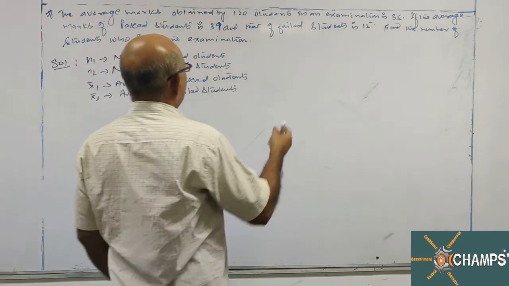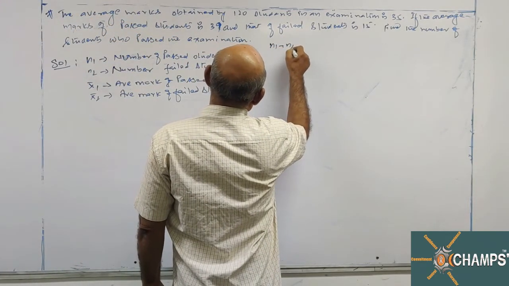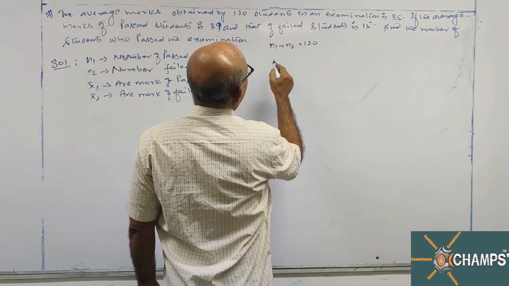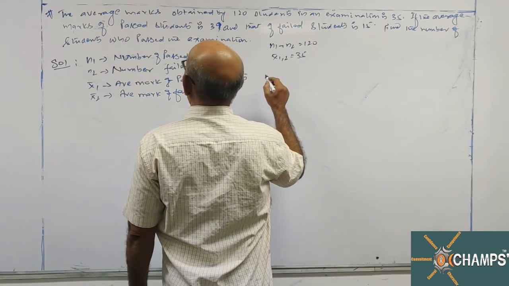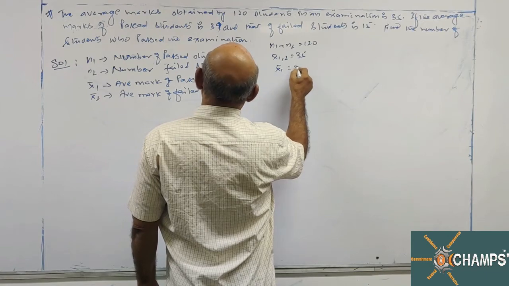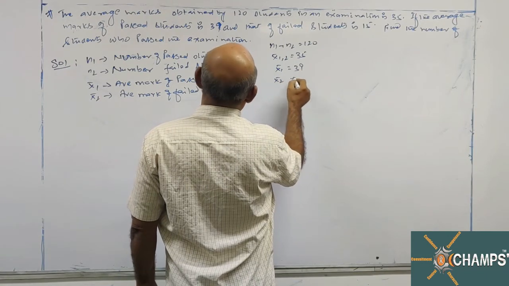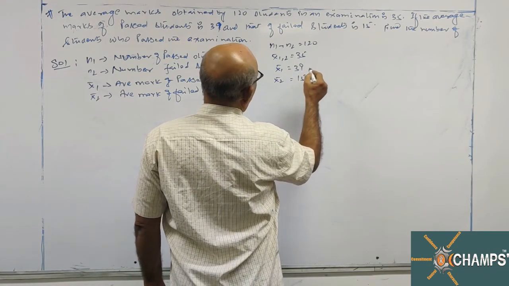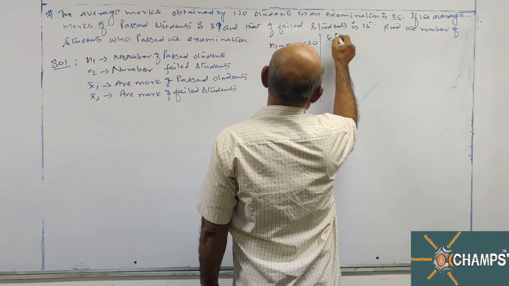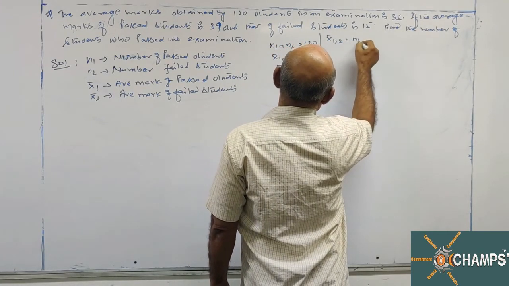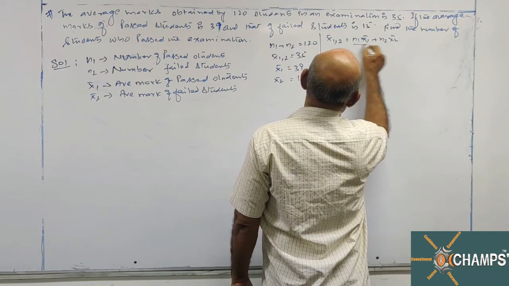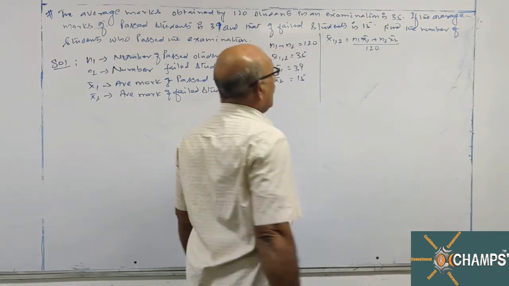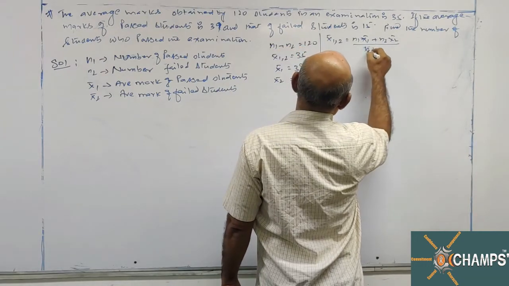Now, sir, N1 plus N2 is equal to 120. X bar 1 comma 2 is 35. X1 bar is 39. X2 bar is equal to 15. X bar 1 comma 2 is equal to N1 into X1 bar plus N2 into X2 bar by N1 plus N2.